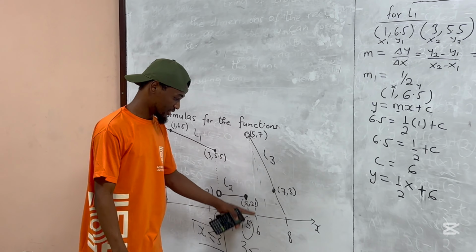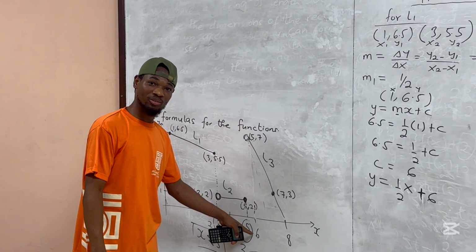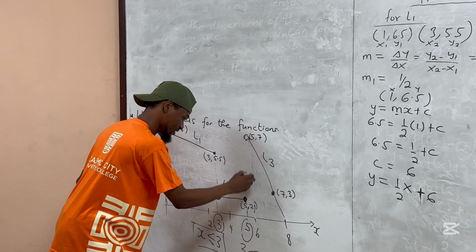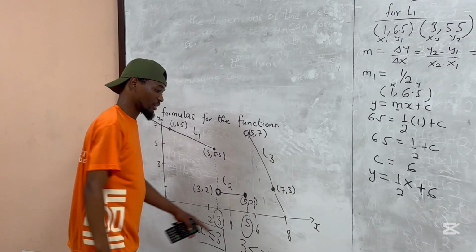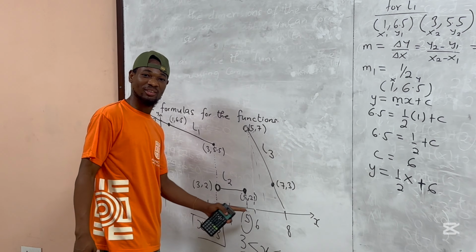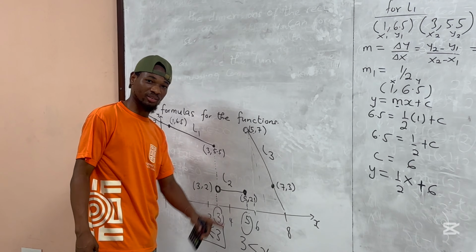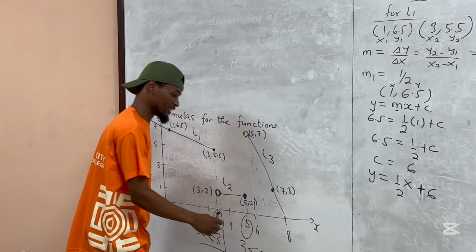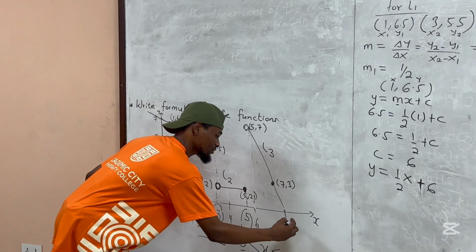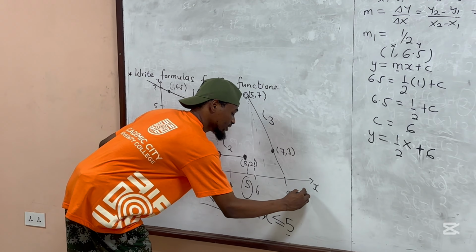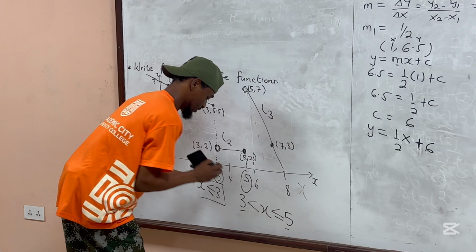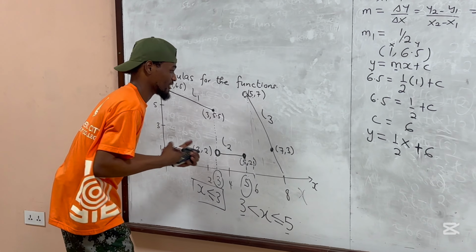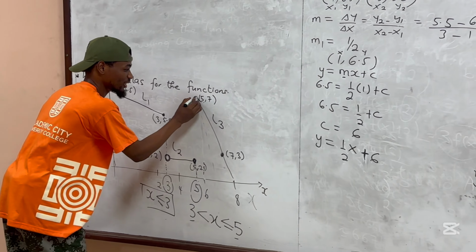So here, x is equal to 5. But we don't know the terminus point. So the condition here will be x, and this place is not shaded.